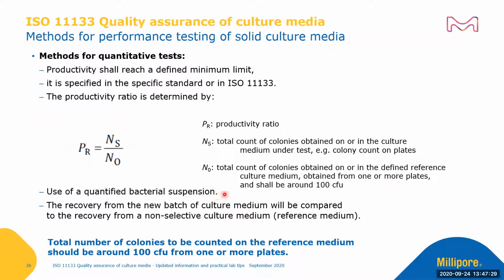For this, of course, a quantified bacterial suspension has to be used, and the recovery of the new batch of the medium will be compared with the recovery from a non-selective medium by simple division. The total number of colonies to be counted on the reference medium should be around 100 CFU from one or more plates.